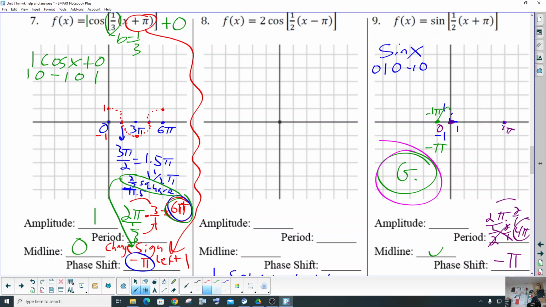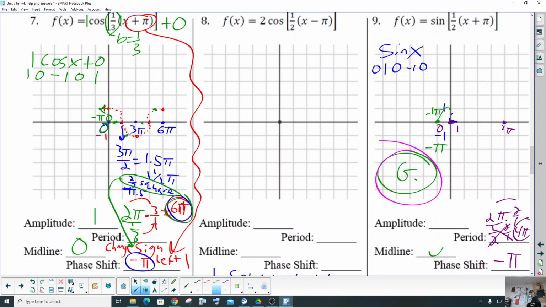And now we're going to do the phase shift. So each of these dots we're going to move 2/3, what? Basically going from 0, we're going to go negative pi. So this will go here, a little bit more to the left, actually, 2/3 of the way. And then this dot will go here, and this dot will go here, this dot will go here.